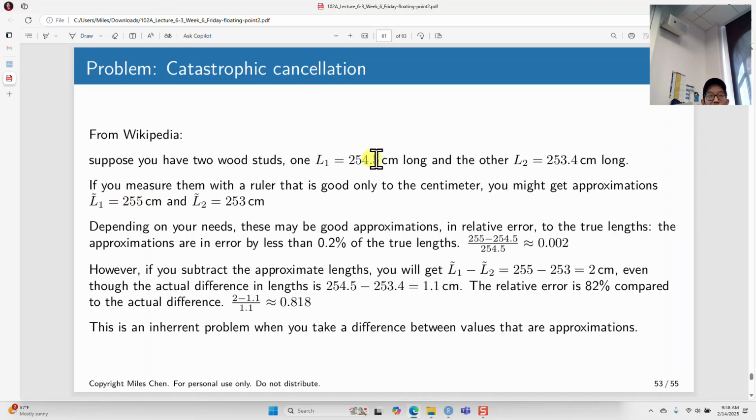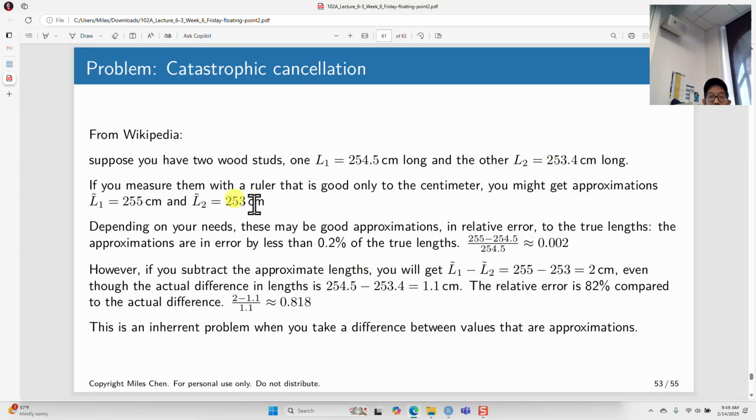Okay, and you say, well, 255 and 254.5, that's not that big of a difference, right? What's the relative error? It's only 0.002. It's less than 1%. Okay, what about 253.4? When you use this ruler, you get 253. And what's the relative difference there? Again, less than 1%. But if you take the difference between them, the true difference is 1.1 centimeters. 254.5 minus 253.4 is 1.1 centimeters.